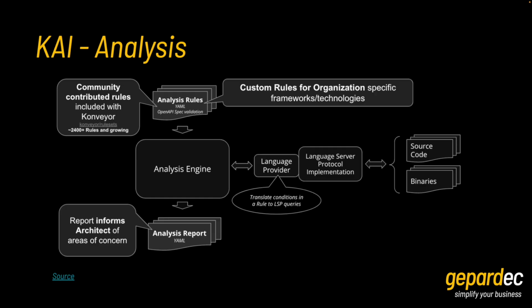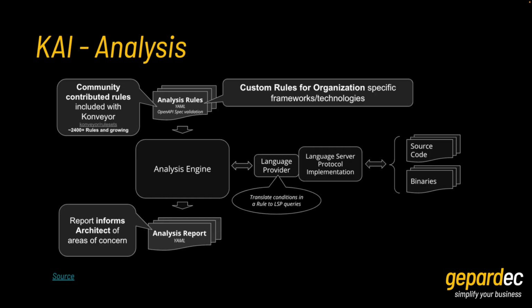So basically, the analysis engine takes the rules. The rules themselves have some logic to them, how the anti-pattern or what pattern they should look like in order to identify the issue.